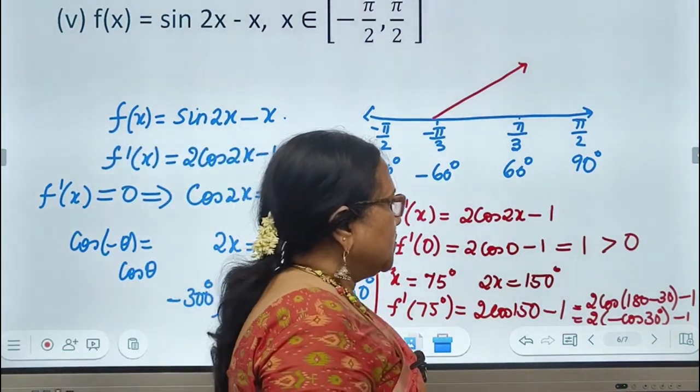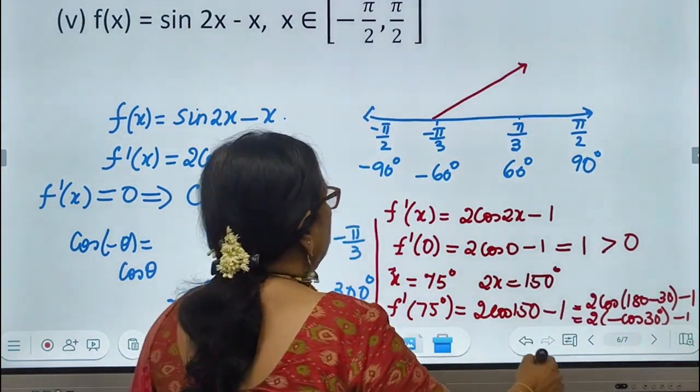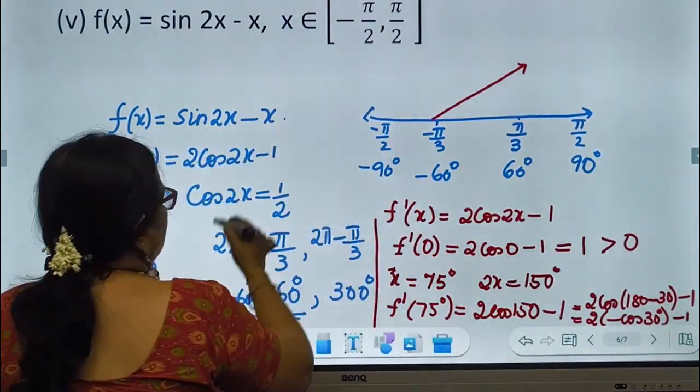Minus cos 30, you know, is minus root 3 by 2.